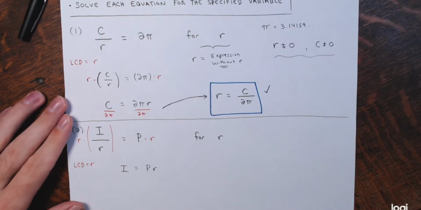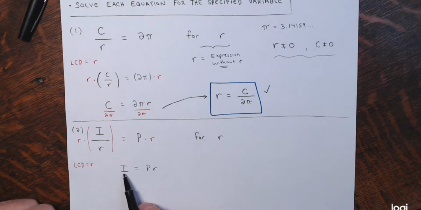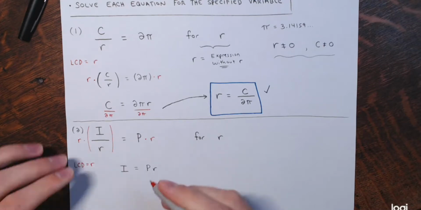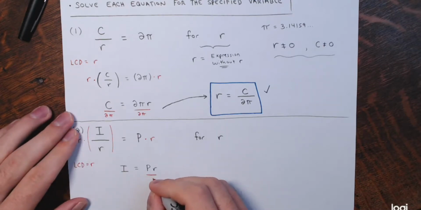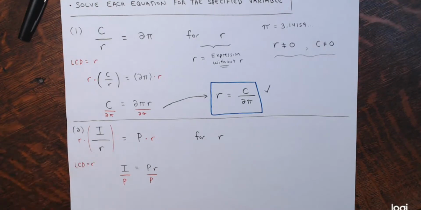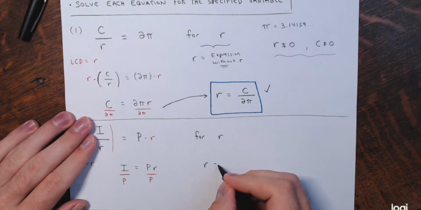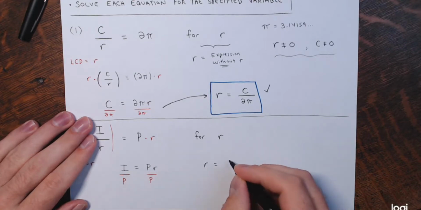Now I have all the terms with r on one side, all the terms without r on the other side, and now I would just like to get r alone by doing some division. So I would divide both sides by p. Same thing over here. And doing that, the p's cancel. I'm left with r equals I divided by p.